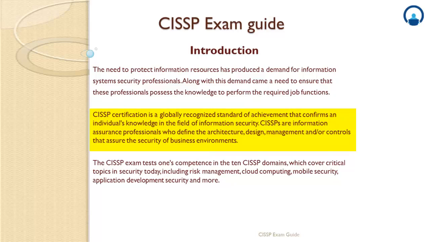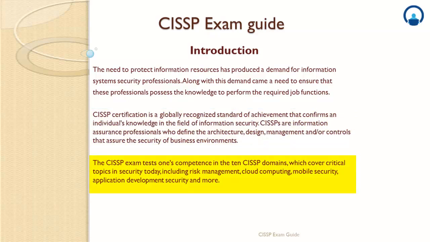CISSP certification is a globally recognized standard of achievement that confirms an individual's knowledge in the field of information security. CISSP professionals are information assurance professionals who define the architecture, design, management and controls that assure the security of business environments.